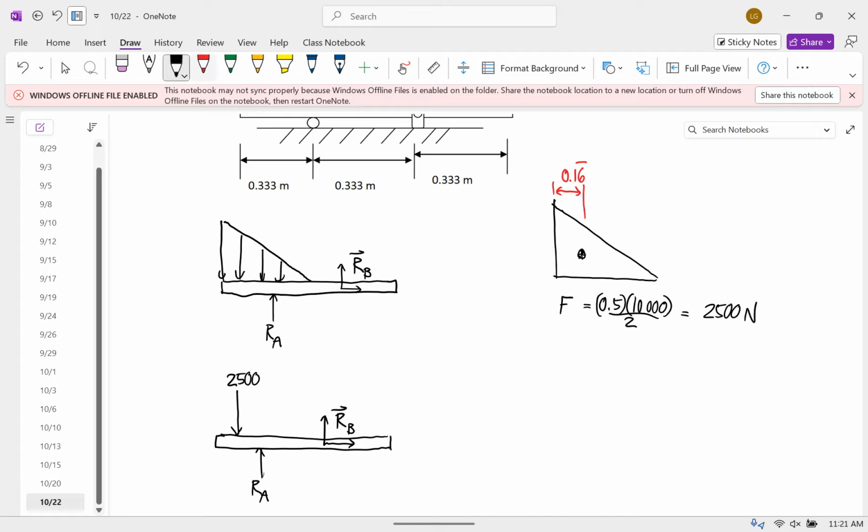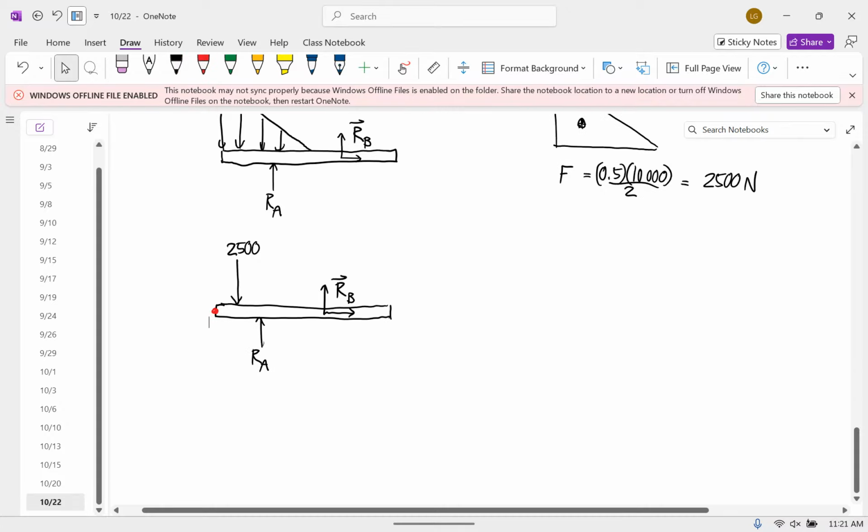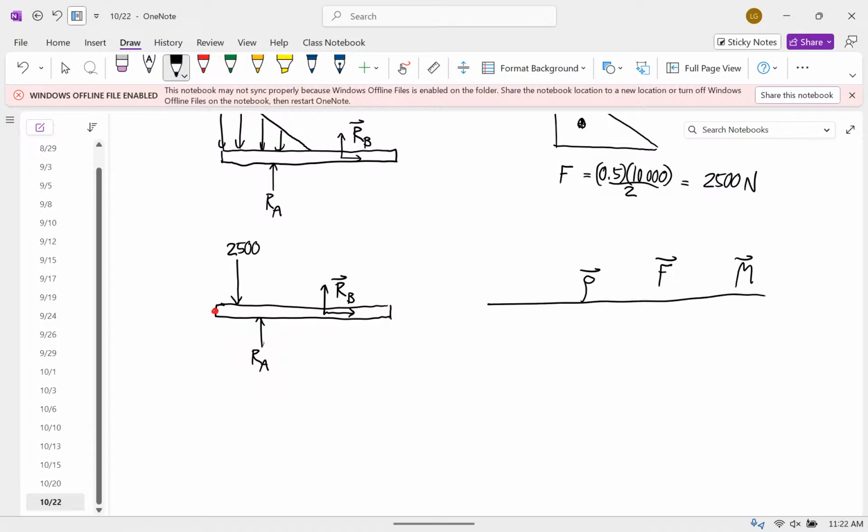I am going to put my about point here. So first, the 2,500 newton force.